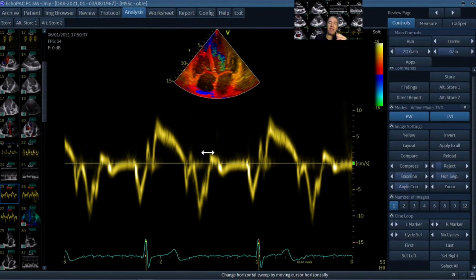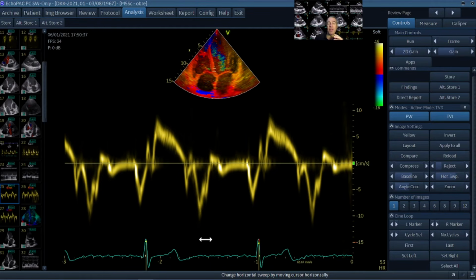Just to explain that, again, look at the ECG. This is systole here, and during systole you have a positive motion of this point towards the apex. That is the apical long axis direction.